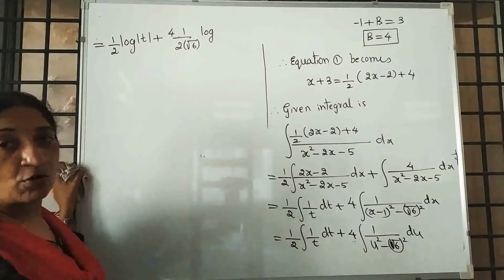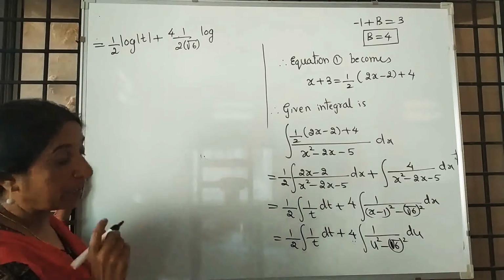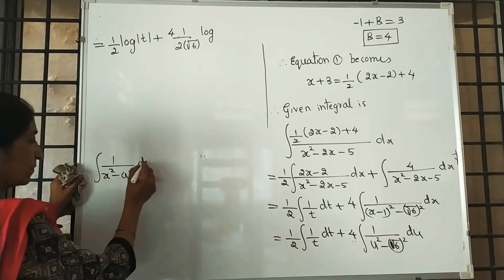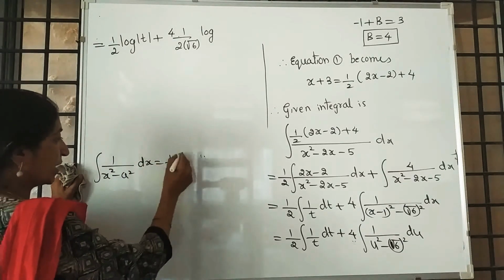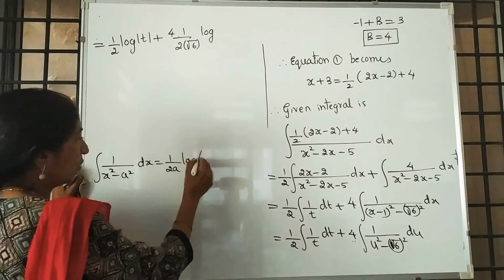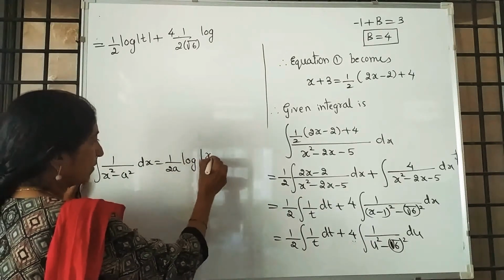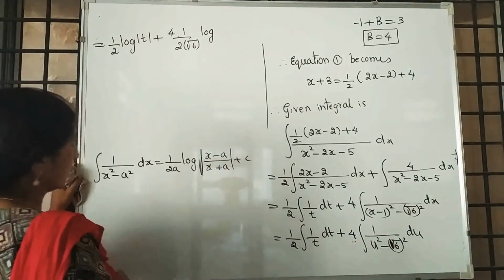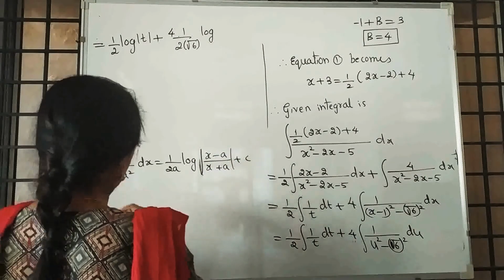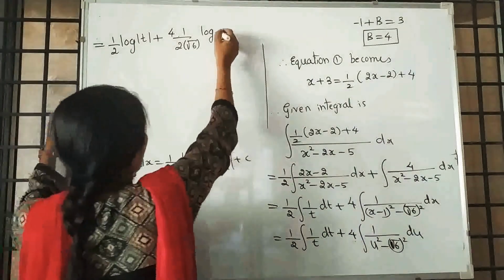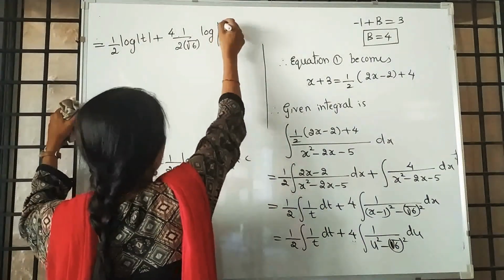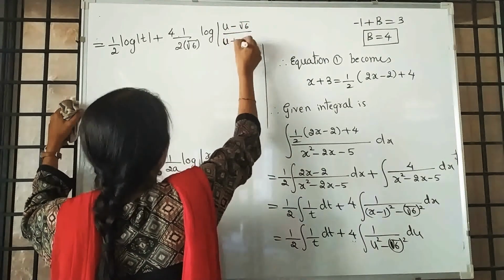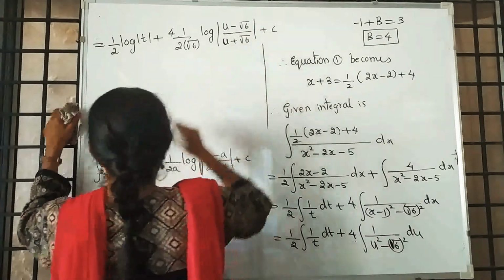It is in the form of 1 upon x square minus a square, which is 1 by 2a log of (x minus a) upon (x plus a) plus c. So it is 1 upon 2a log of (u minus root 6) upon (u plus root 6) plus c.